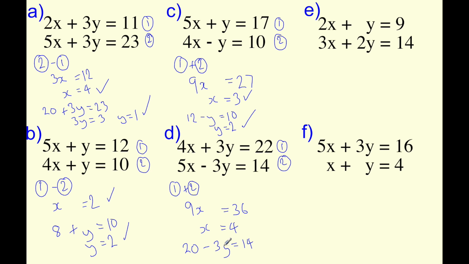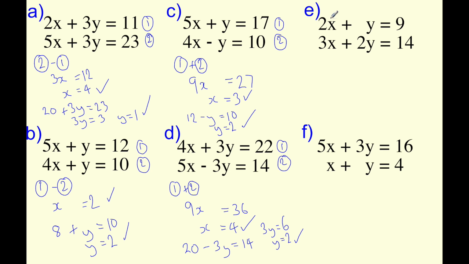We're going to take away 6 to get 14. So therefore 3y will equal 6. So y will equal 2. Let's just check that. 4 lots of 4 is 16, plus 3 lots of 2 is 6. 16 plus 6 is 22. Therefore we know that those are correct.